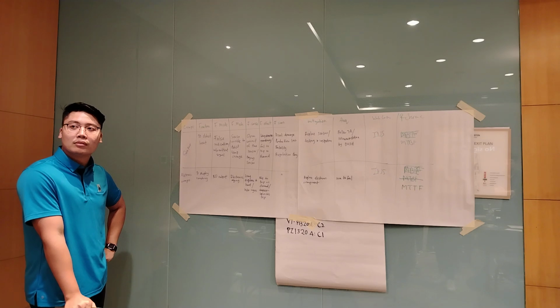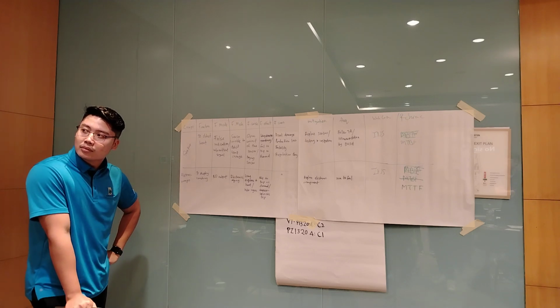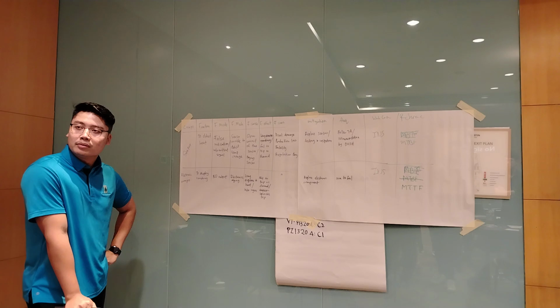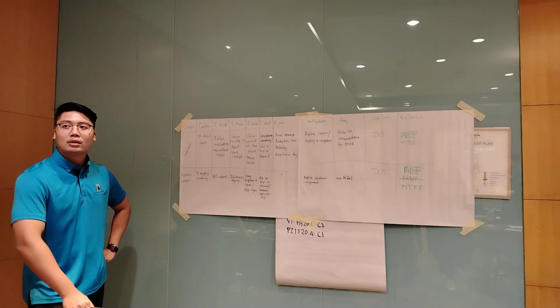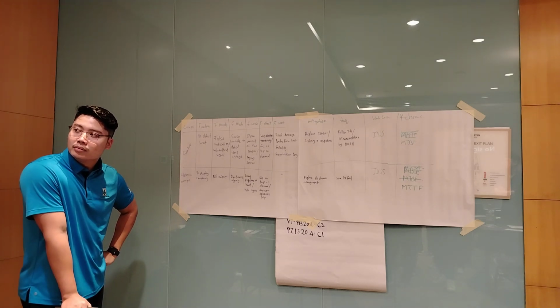But the run to fail is bila dia fail, no output, kita tukar. We know that there's no output, tapi kita tukar. Jadi masa tu belum terjadi lagi. Consequences tu in case of kalau benda tu terbakar betul-betul, when you want it to work, but it does not work.